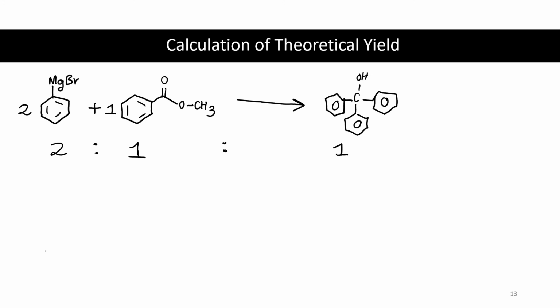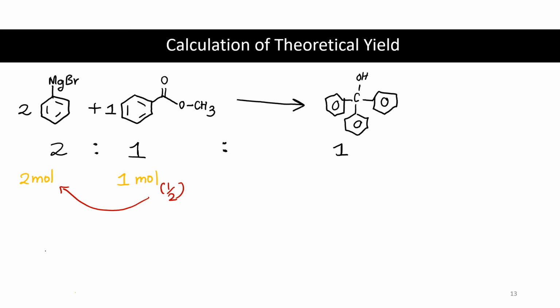This means if you have 2 moles of phenylmagnesium bromide, for that to completely react, we need at least 1 mole of the methyl benzoate. So that is exactly half the amount of the amount you have here.